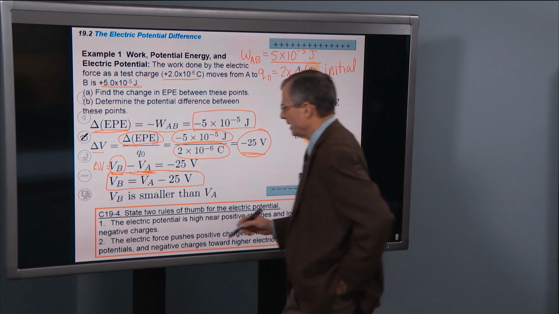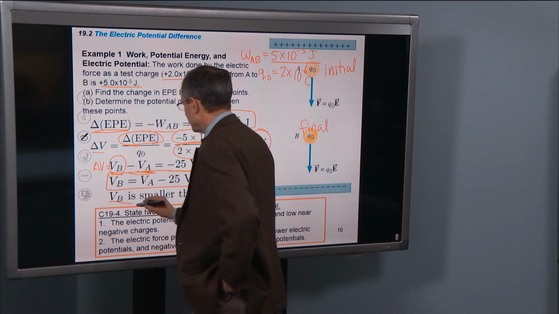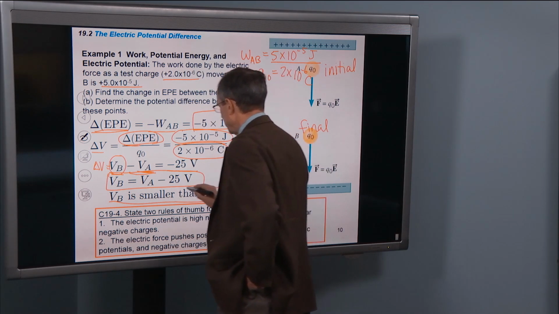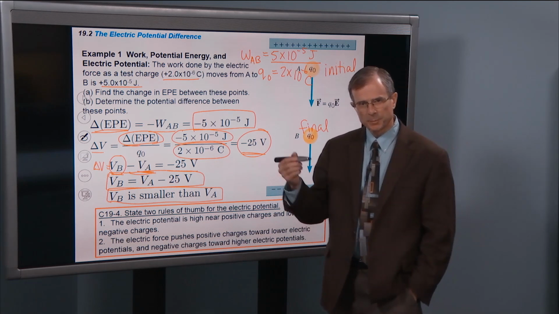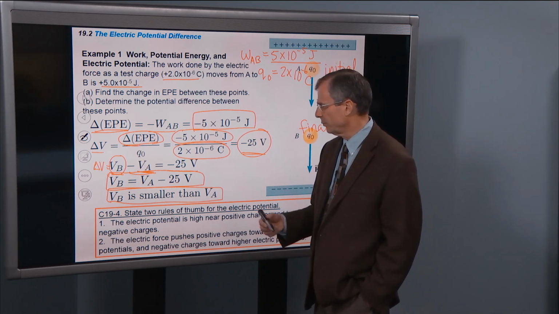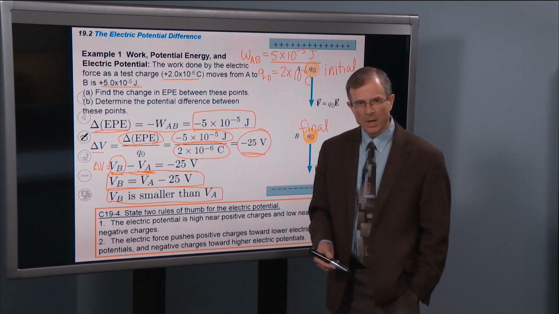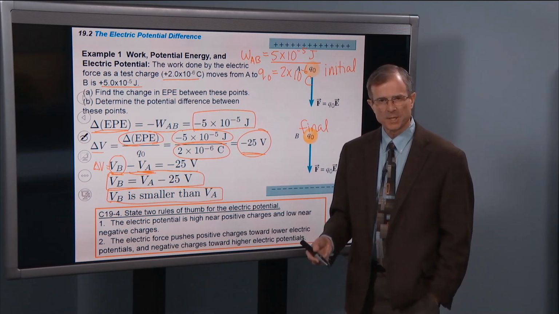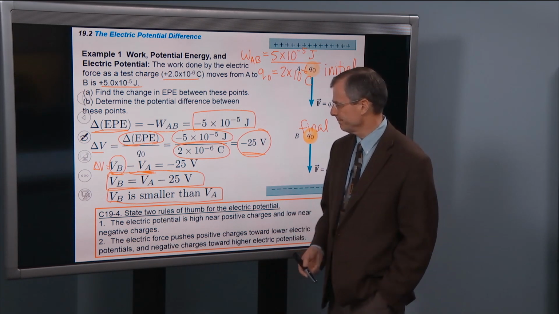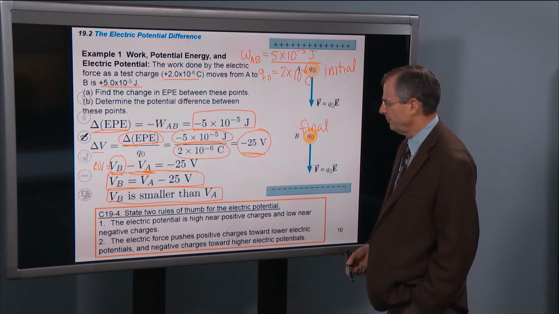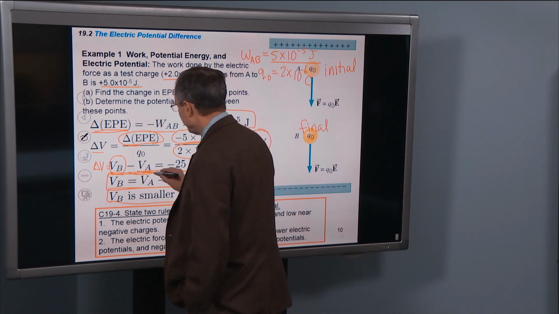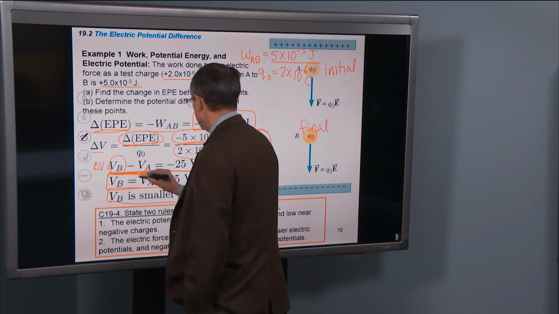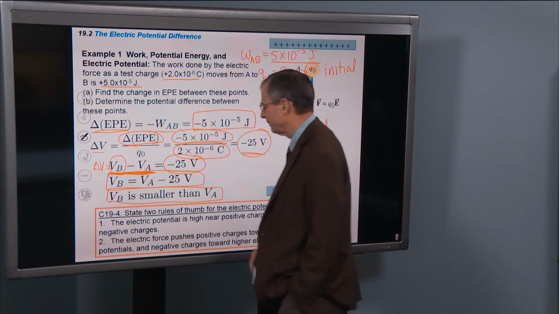So what that says is that the electric potential at point B is smaller than the electric potential at point A. You can also say that the potential difference, or the voltage difference, is equal to a negative 25 volts.